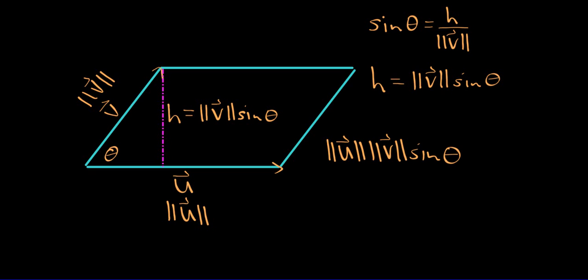Now, here's something that I'm not going to do, but it's strictly algebra. You can show that this is also the area of that parallelogram. You can show that algebraically. In other words, the magnitude of the cross product of these two vectors is the area of this parallelogram. That can be shown.